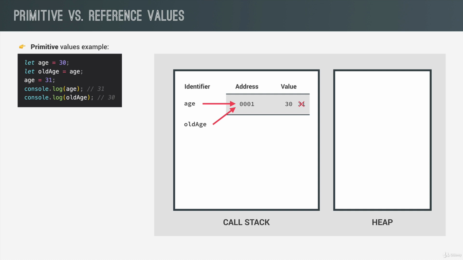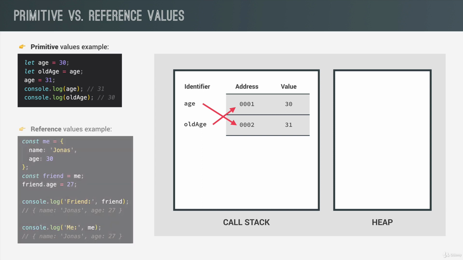So instead, what's going to happen here is that a new piece of memory is allocated, and the age identifier now simply points to the new address, which is holding the new value of 31. Alright, and that's why when we log both our variables to the console in the end, they both return exactly the values that we expect.